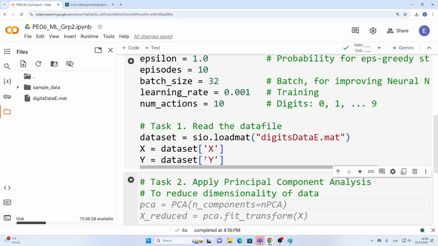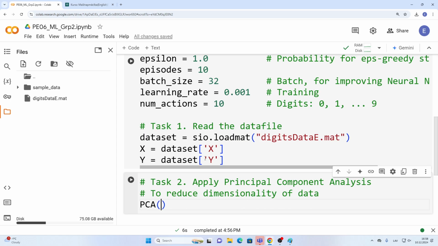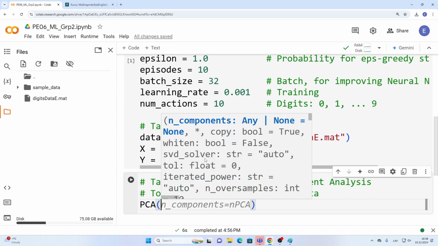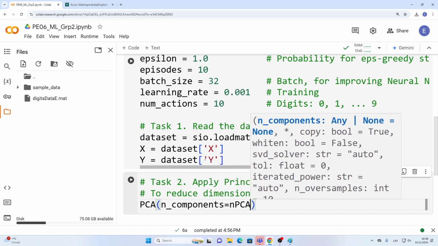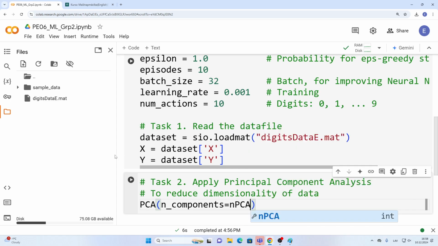For that, we are going to create an object called PCA, which we have imported. We need to specify just one parameter called number of components. Number of components is nPCA. And save this object as a variable, called PCA.